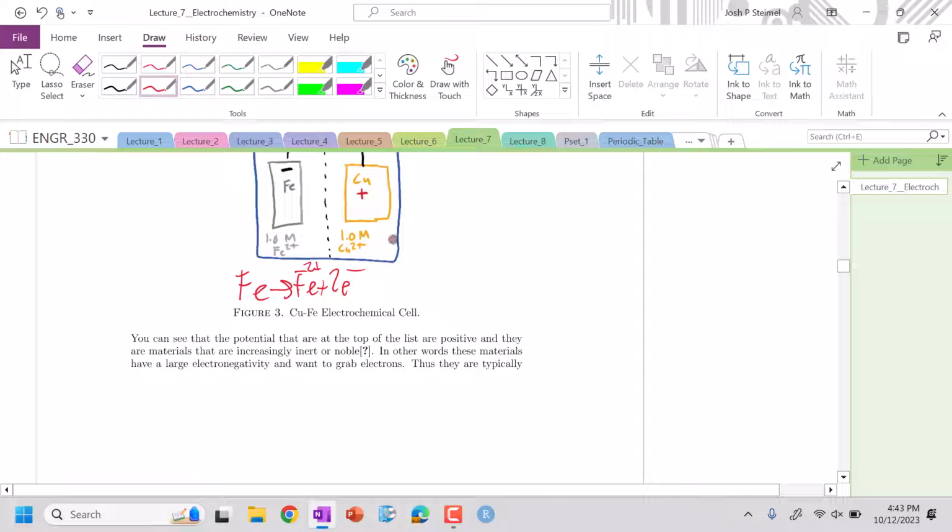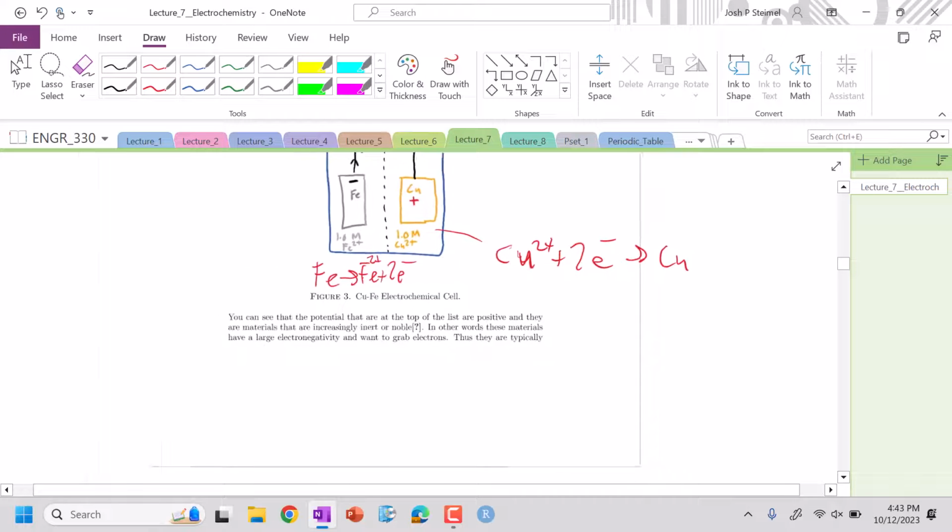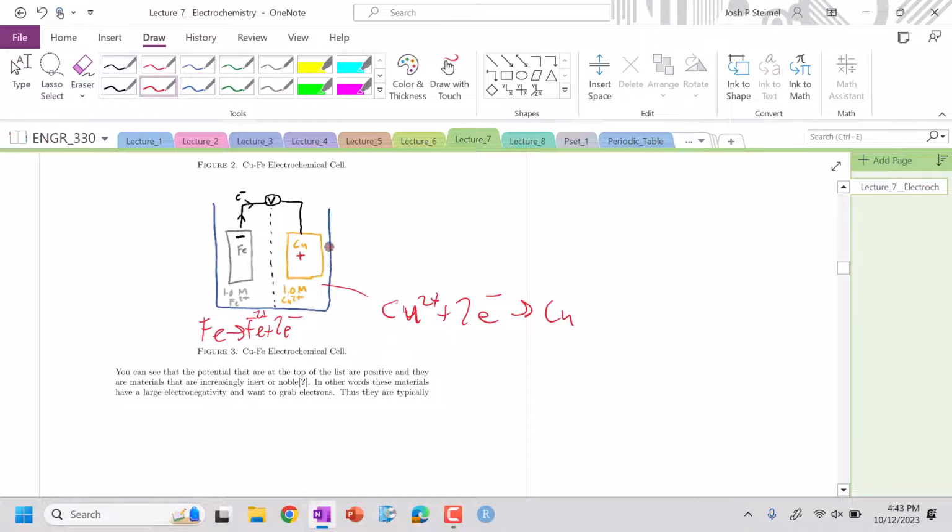It's going to give up electrons here. It's going to go to oxidation. The copper 2+ ions in solution are going to bind with those 2 electrons from iron, and they're going to produce copper. So on the cathode side, we are going to electroplate. We're going to add materials here.